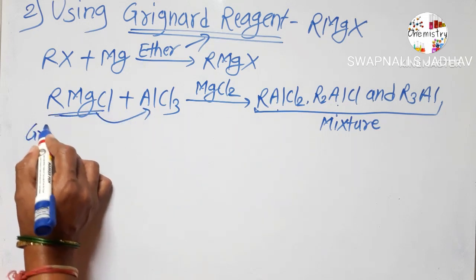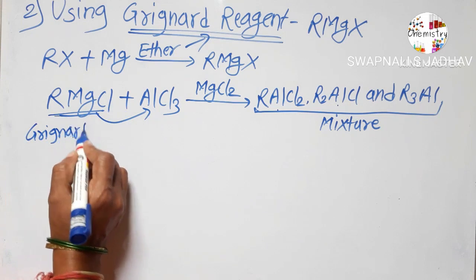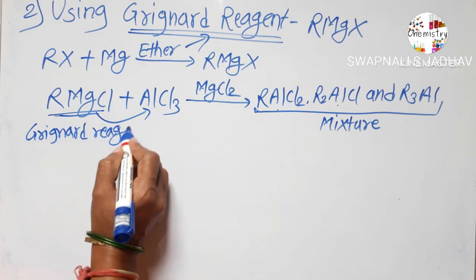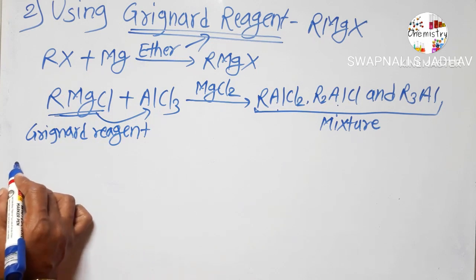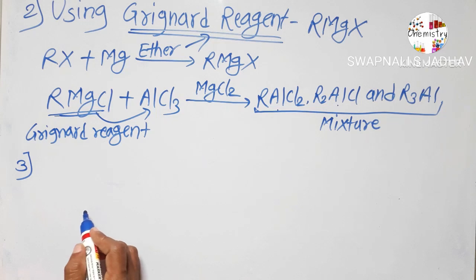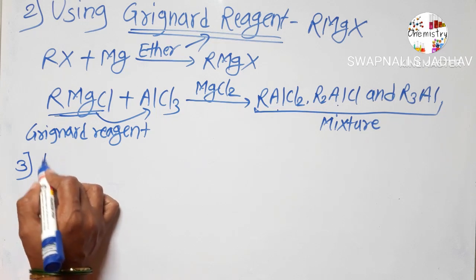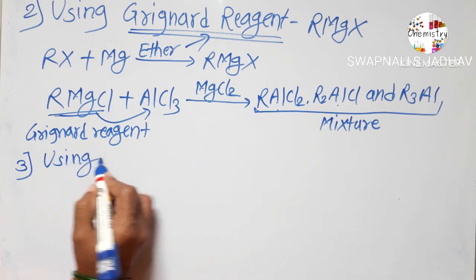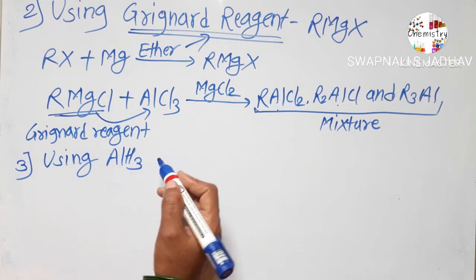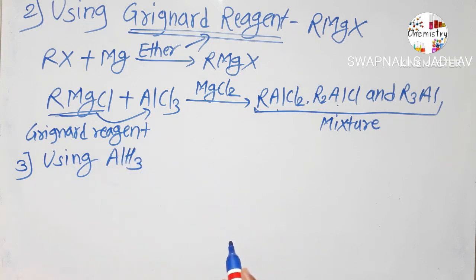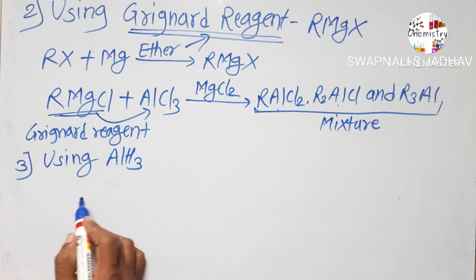This is Grignard reagent on aluminium chloride. This is the second preparation method. And the third preparation method is by using aluminium hydride. So alkyl aluminium can be prepared by the action of aluminium hydride on alkene.